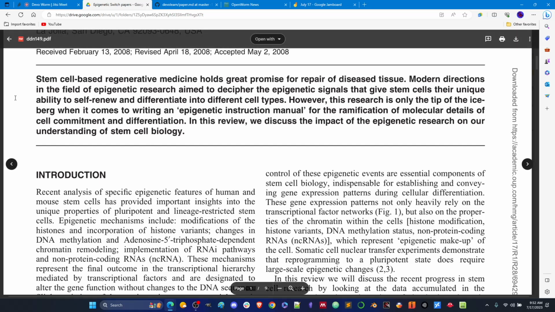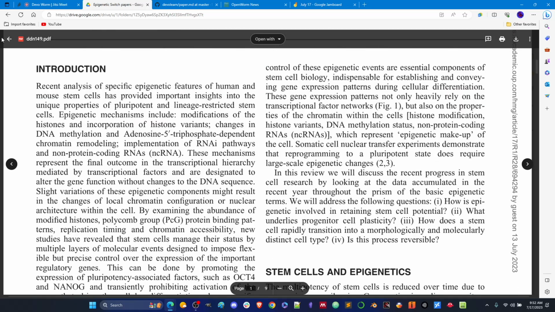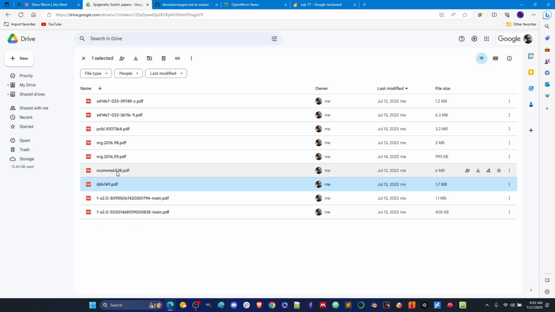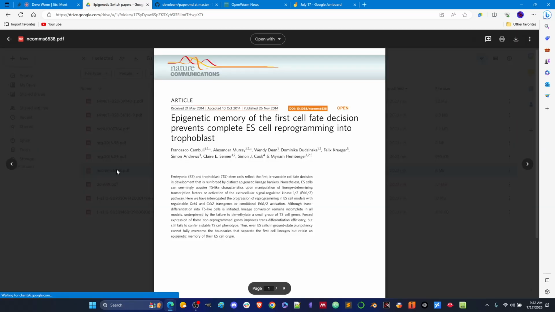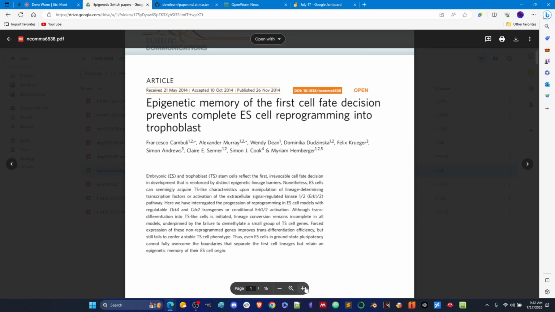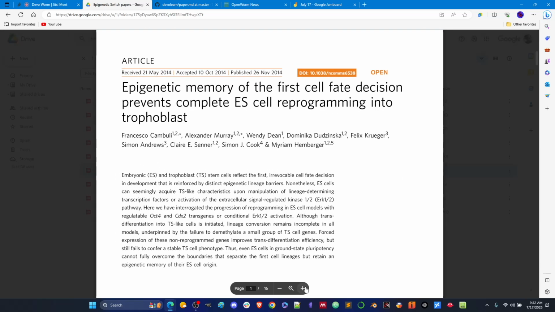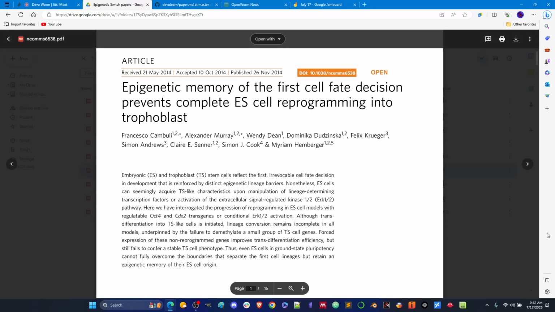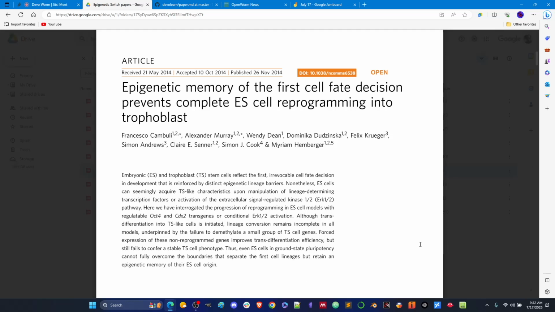So this is another paper. I just brought up a couple of review papers on this. And then, of course, there's this epigenetic memory aspect, of transitioning through cell types. Usually we have a stem cell, and it's pluripotent, and it can maybe differentiate into several different cell types, and then the fate is restricted to those cell types.